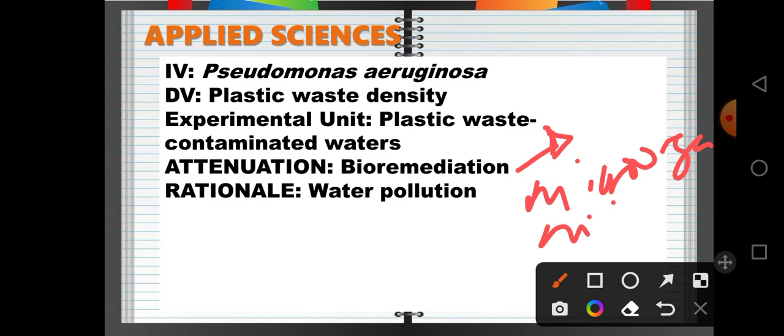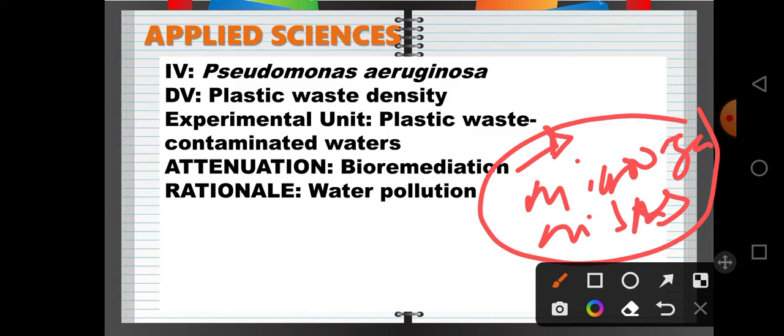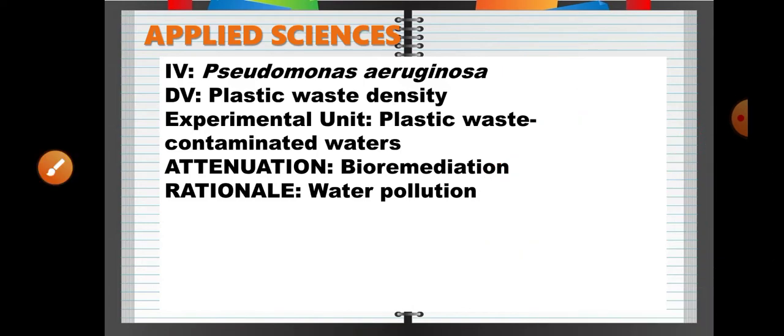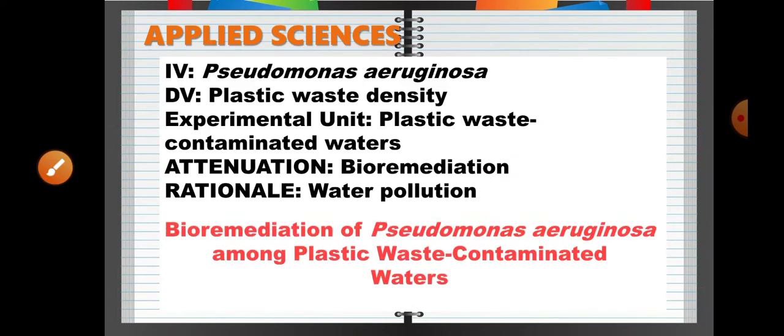And an example of a microorganism that can decrease plastic waste is Pseudomonas aeruginosa. So, with this information, you can formulate a study entitled Bioremediation of Pseudomonas aeruginosa among plastic waste contaminated waters.